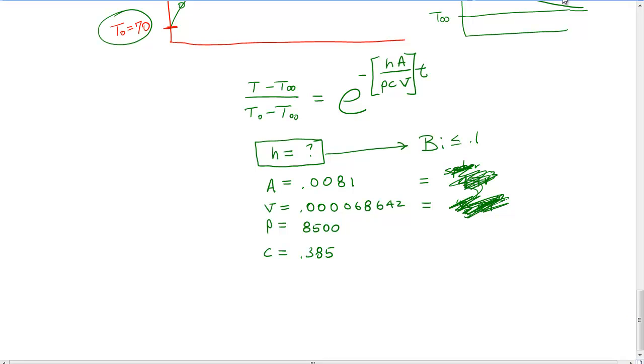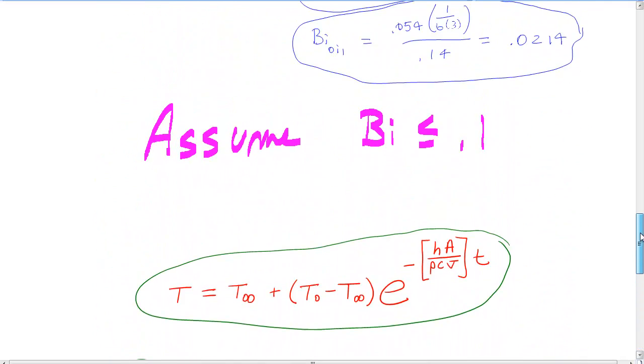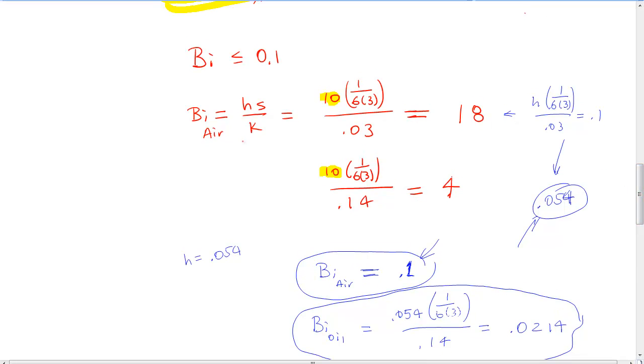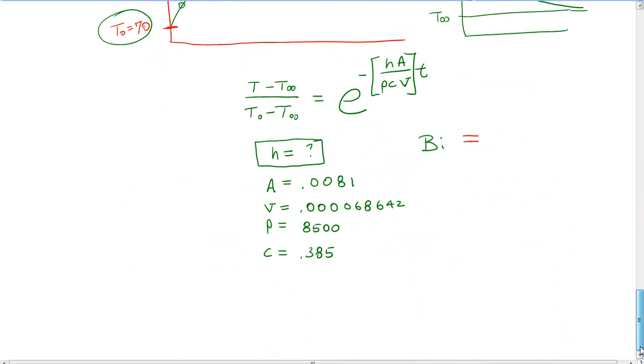And if I'm paying particularly close attention, the Biot number, can't seem to get rid of that value, but that's okay, is equal to h s over k that we had up here, where s was nothing more than this.